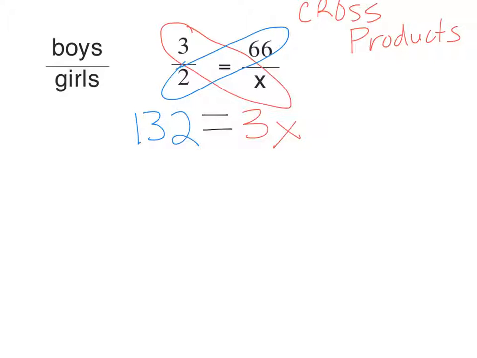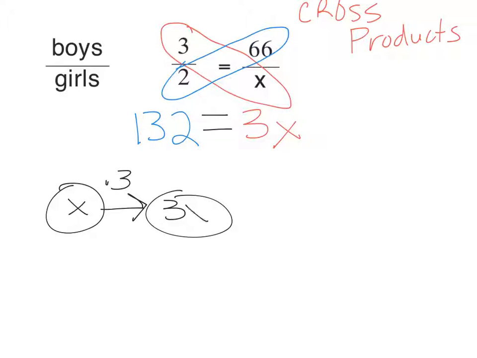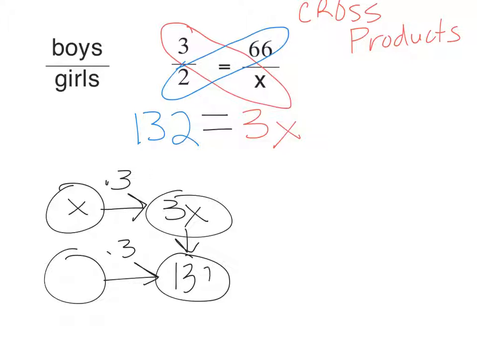So whatever 3 times x is, it should equal 132. Well, you know how to solve for x here. You know how to solve equations. So we have 3 times something equals 132. Let me just draw my flow chart quick for those of you who know what this is. So x times 3 is 3x. To figure out what x equals, I know 3x equals 132.